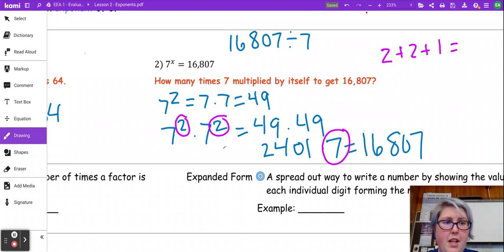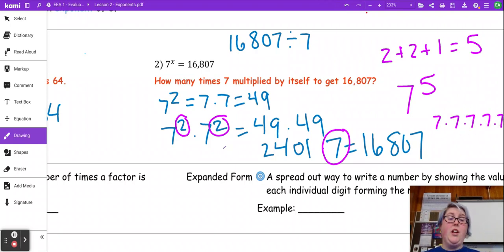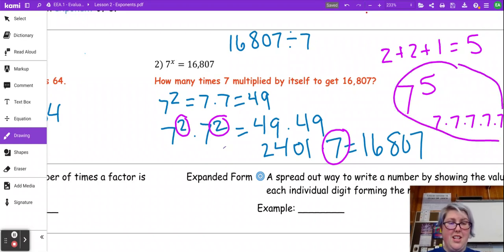So that would be 5. So that means our answer is 7 to the 5th is the same as 16,807. Double check on the calculator that the expanded form of 7 times 7 times 7 times 7 times 7 times 7 will give you the right answer, that these two are the exact same.